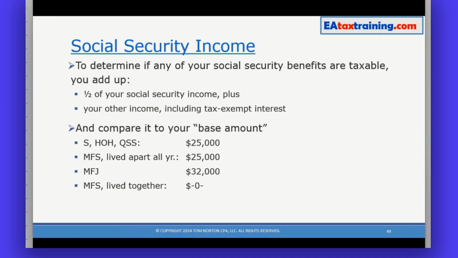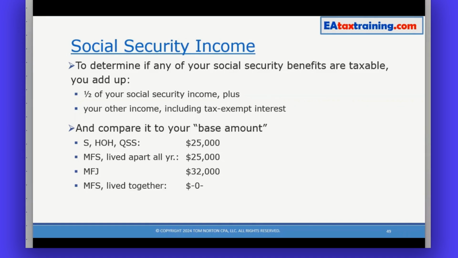If you're single, head of household, or qualifying surviving spouse, the base amount is $25,000. Similarly, if you are married filing separately and you lived apart from your spouse for the entire year, then it's $25,000. If you are married filing jointly, the base amount is $32,000.